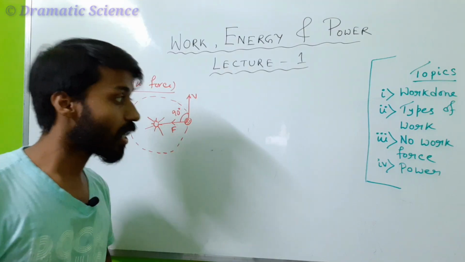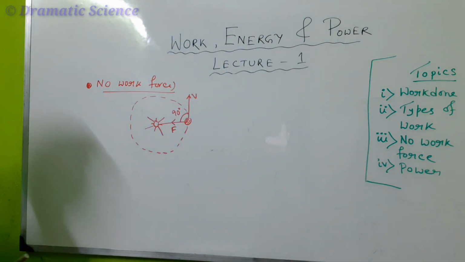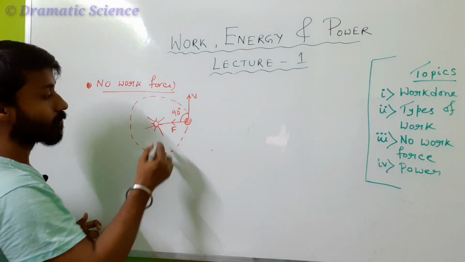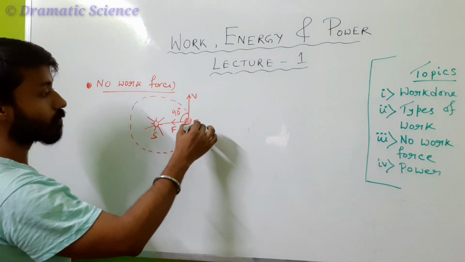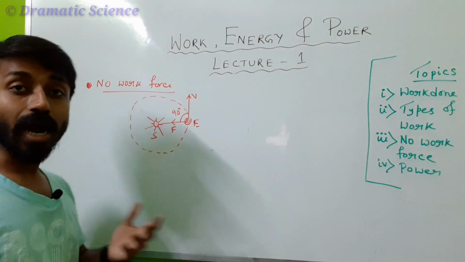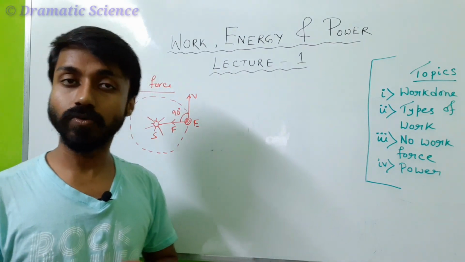So now we have our third topic, that is no work force. Here is a drawing. This is sun, right? This is earth, sun, earth, and sun is attracting earth by giving some amount of gravitational attraction force.